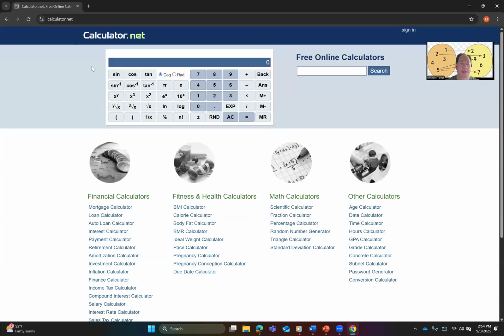And in calculator.net, there's a lot of different calculators here. We have the amortization calculator, we have the body fat calculator, scientific calculator, age calculator, all kinds of different calculators. But what we need is called a quadratic formula calculator. So let's search for it. And right away, after entering Q, I get the quadratic formula calculator.